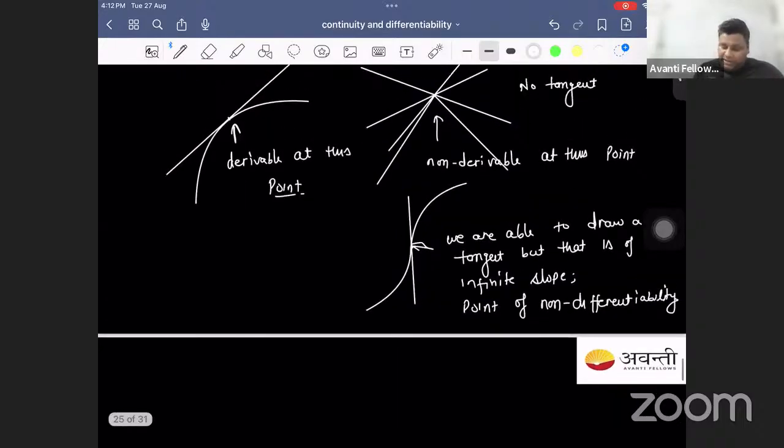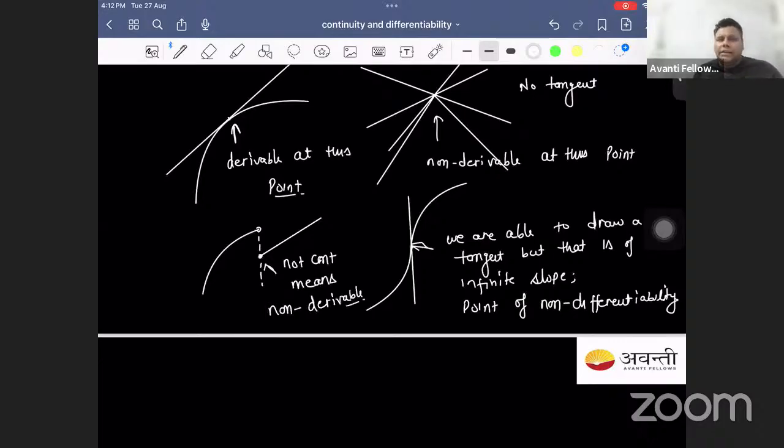And one last meaning, if a curve is like this, which is not continuous, then not continuous means non-differentiable. Am I clear? So these are the very simple meanings.